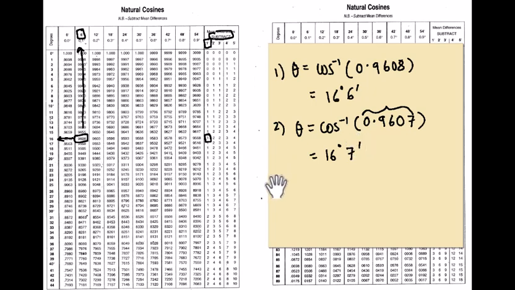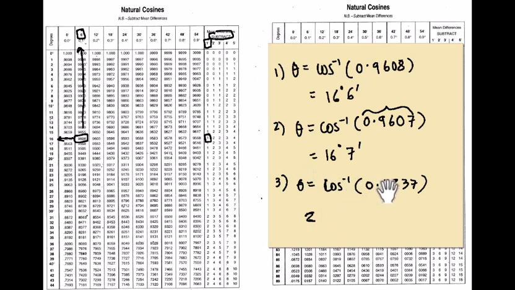Let me take another example. I hope this is very clear to you. Here you try to find a number which is either the one given or slightly greater than the number given. Say, if I ask you to find theta is equal to cos inverse of 0.8837, what will that turn out to be?